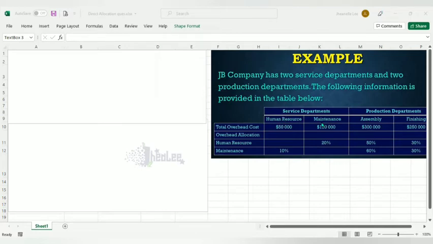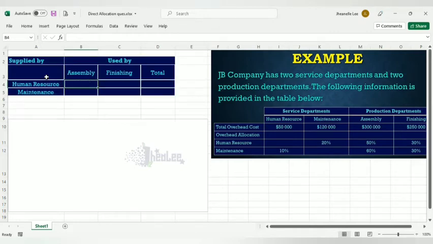Because remember, when you do the direct allocation, what you're doing is apportioning the service departments' costs to the production departments alone. Only the production departments. So let's reassemble that data.